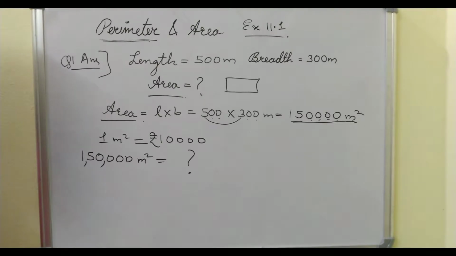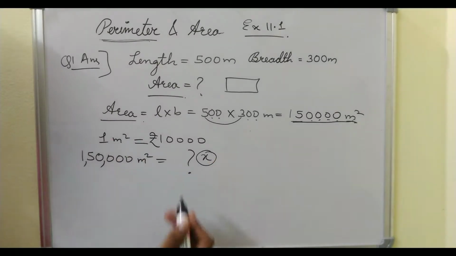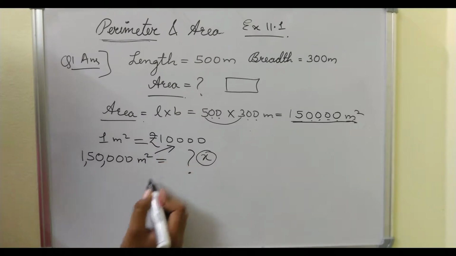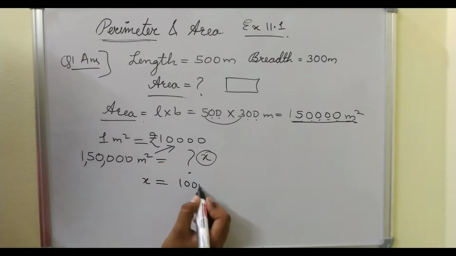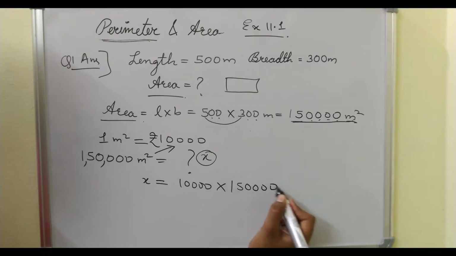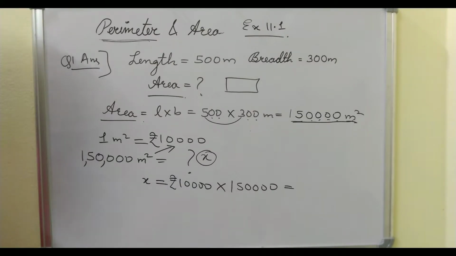It's basically the unitary method. So you can take it as x, cross multiply. X is equal to 10,000 into 1,50,000. That will give you the rupees, right? So how much is that?